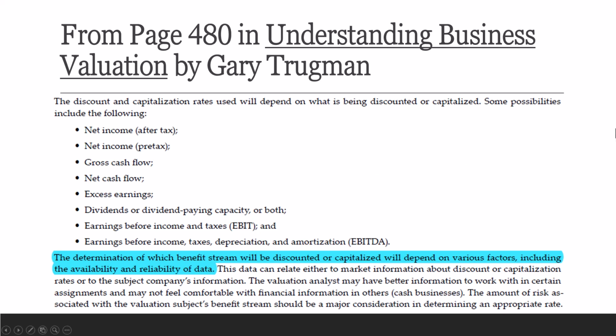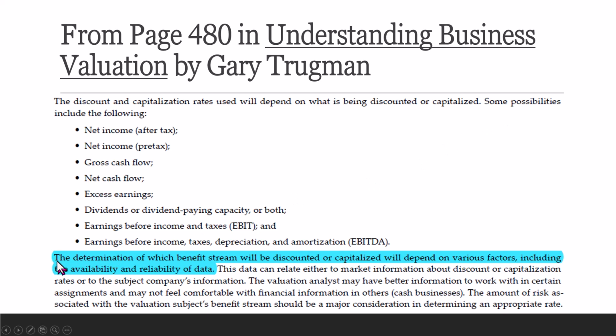It's talking about some possibilities for what's going to be discounted or capitalized. Net cash flow is one of them. EBIT, EBITDA, either pre- or after-tax income. Those are also options we could use.